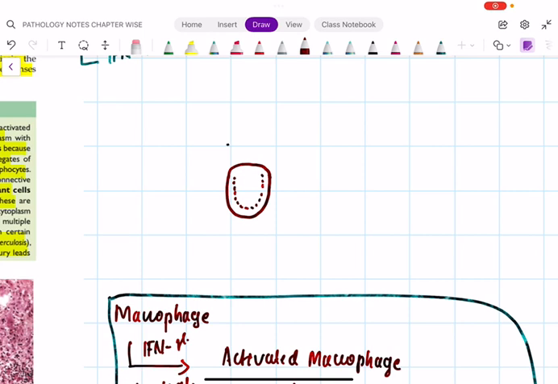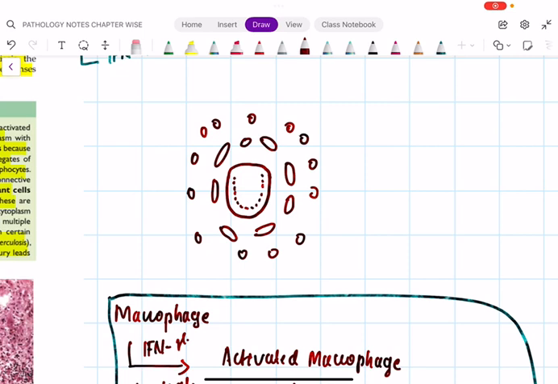This is surrounded by a collar of fibroblasts, and now what I am drawing is lymphocytes.